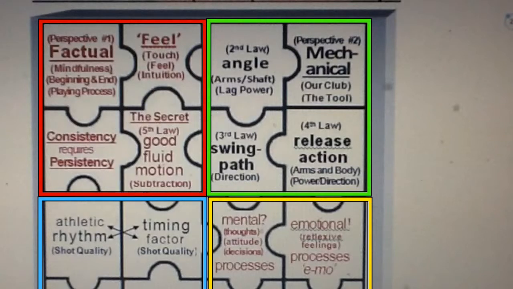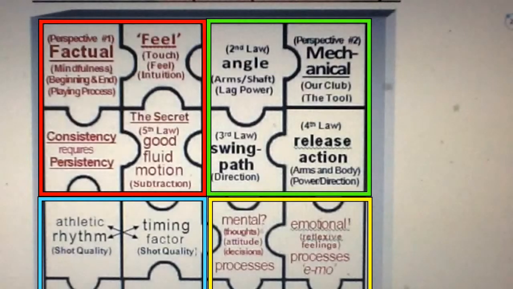Okay, and then in terms of version 3 of the puzzle, shifting our focus over there to the mechanical perspective, what we see going on here is basically the same thing that we've had going on the whole time, and that is the recognition that the mechanical perspective is all about our golf club, which is a tool, and it's our objective at this point to understand that we want to use that club in a manner close to the way in which it's designed to be used.